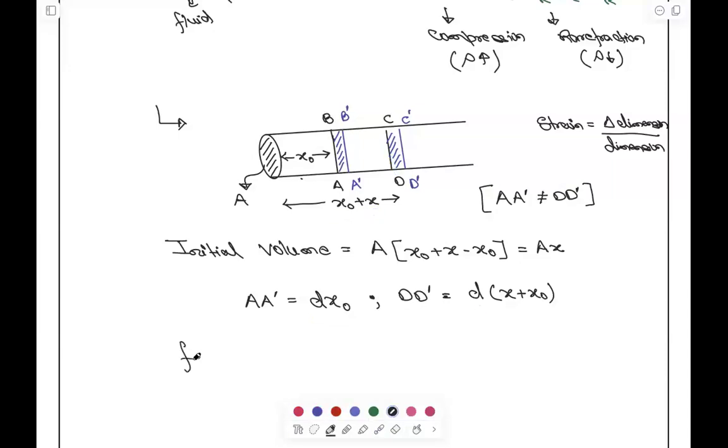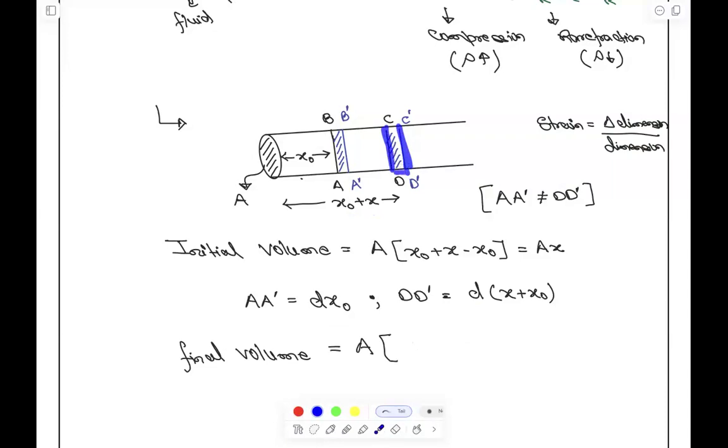Now what will be the final volume? Anyone? So the final volume will be AB dash into CD dash. So A into what is AB dash? Now this position has changed to x naught plus dx naught. Let's write this position. What is this position now?